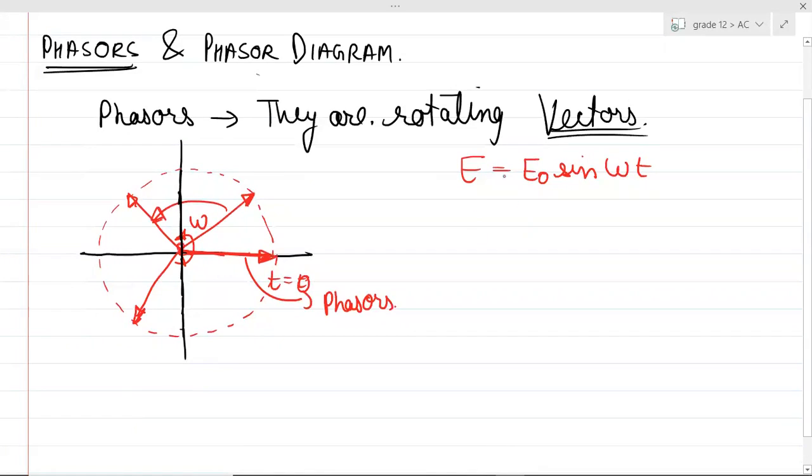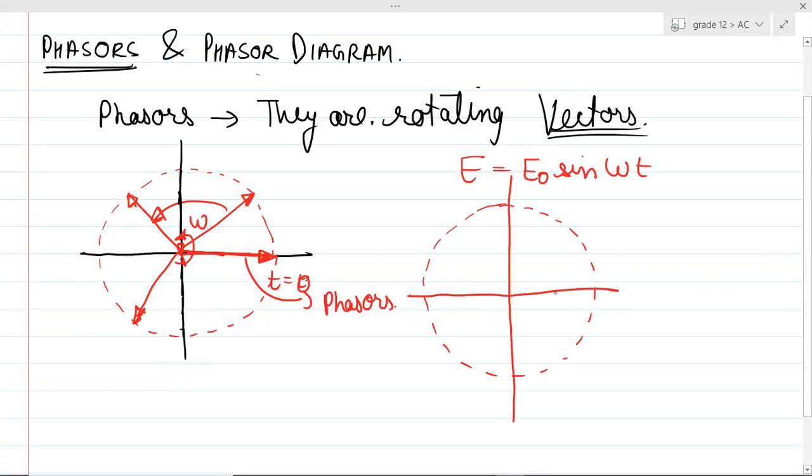Now suppose this is given: E equals E naught sine omega t. So what exactly will I do? I'll draw this thing.